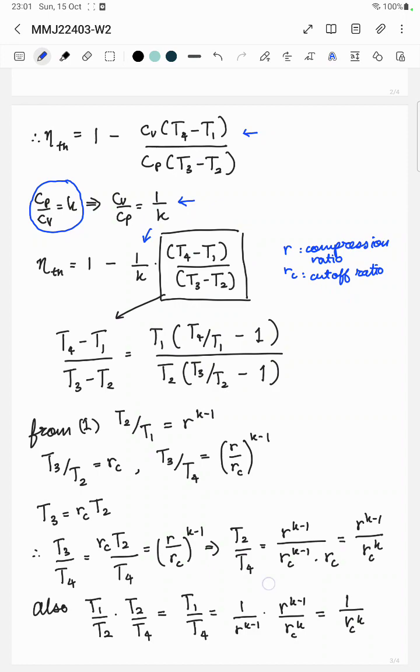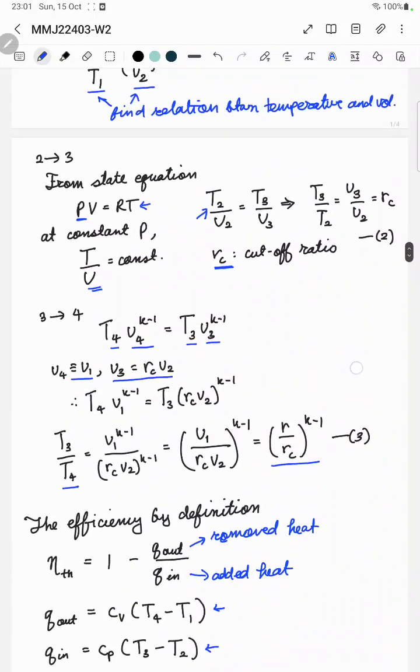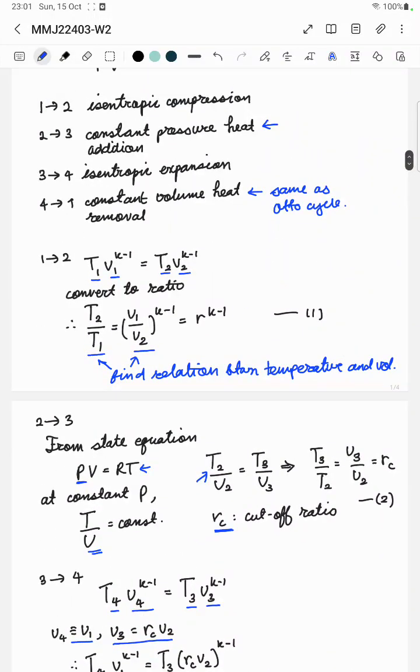So this part, T4 minus T1 over T3 minus T2, we can rewrite in the form of the ratios T4 over T1, T3 over T2, and also T1 over T2, which is luckily a very convenient form of ratios, especially T1 over T2, where we have the ratio already calculated for us from equation 1.